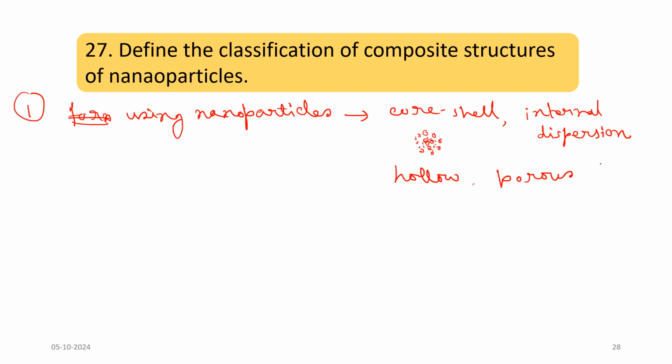Internal dispersion is there. Then agglomeration of particles is there. Coating is there, coating of the surface. Then hollow and porous.